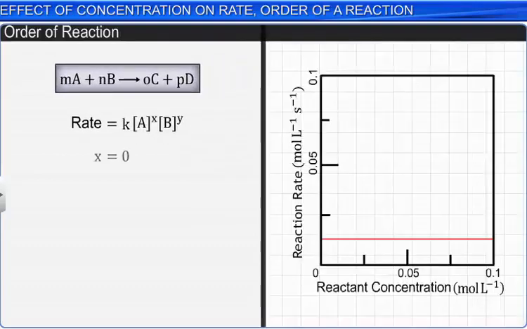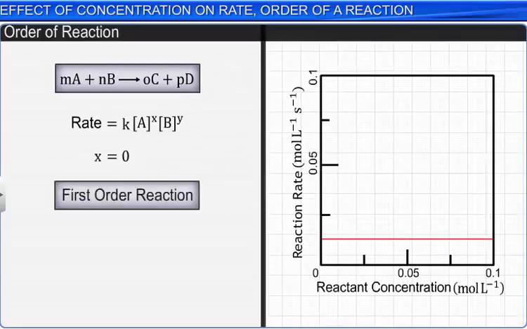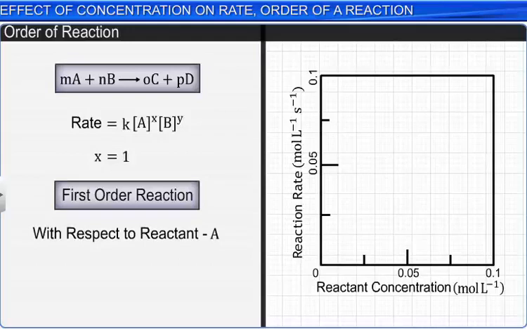If x is equal to 0, then it is a zero-order reaction with respect to reactant A. Similarly, if x is equal to 1, then it is a first-order reaction with respect to reactant A, and so on.